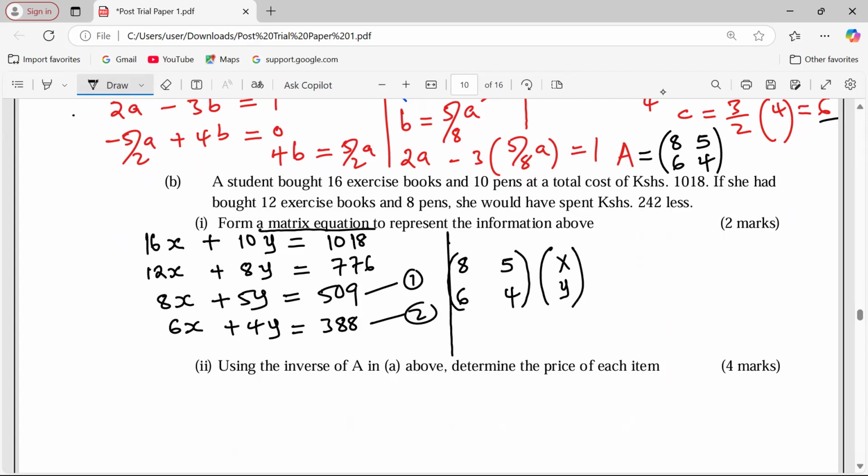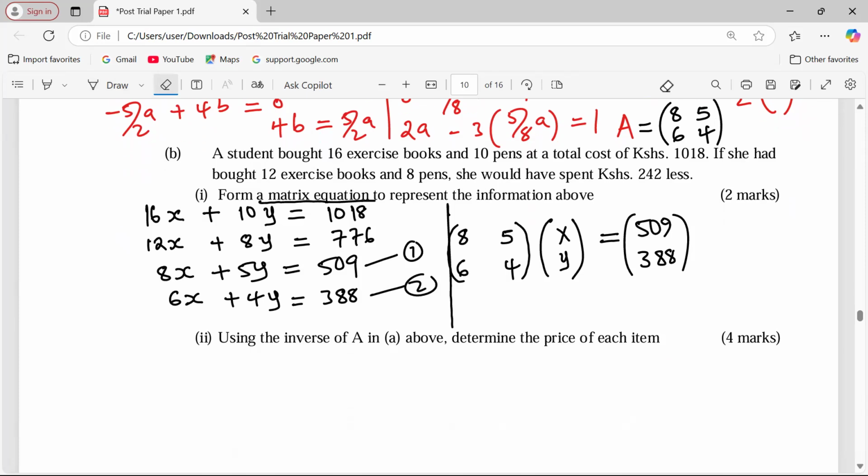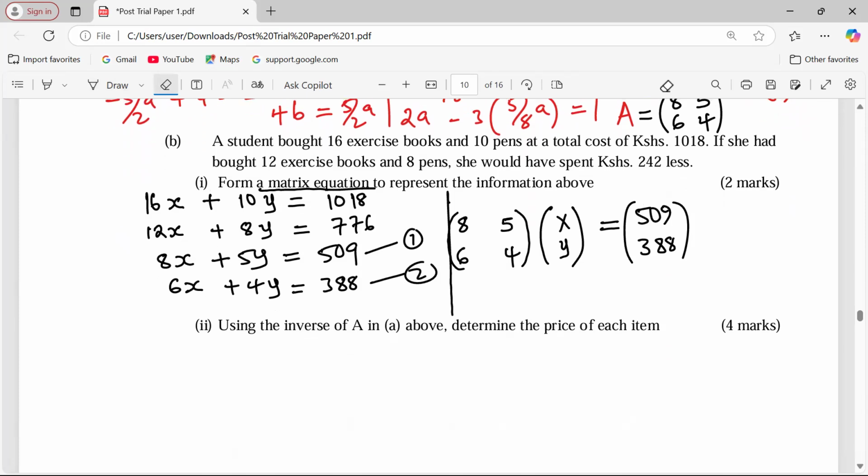We get the variables matrix. Then finally, 509 and 388, we call it the constants matrix. So a matrix equation is formed of coefficients matrix, variables matrix, constants matrix. So we form them that way. That is what the examiner is expecting.